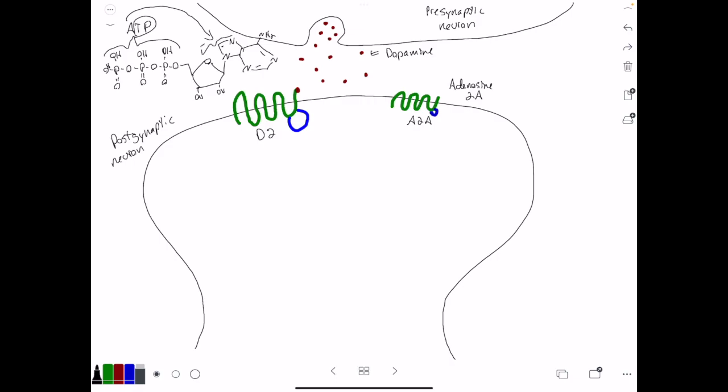And so this A2A receptor binds to adenosine. And so when would we see adenosine? Well, we would see adenosine when we've cleaved all of the phosphates off of this group.